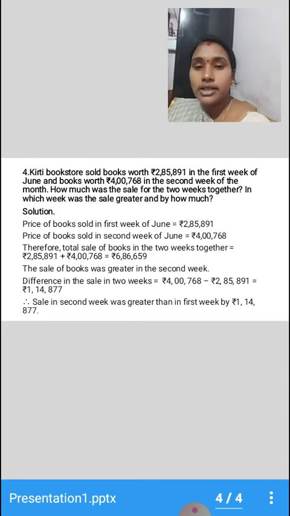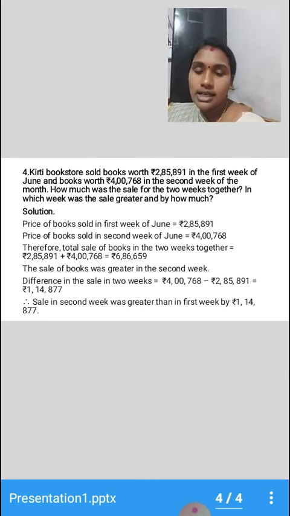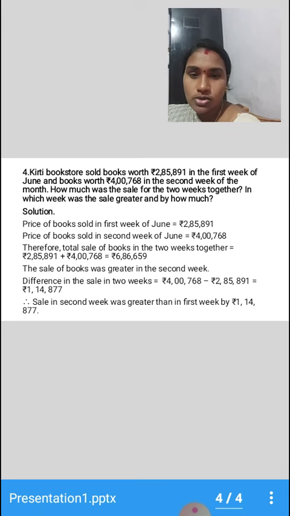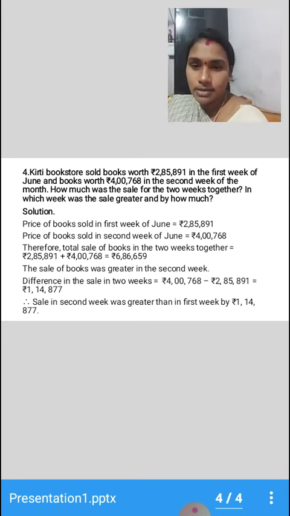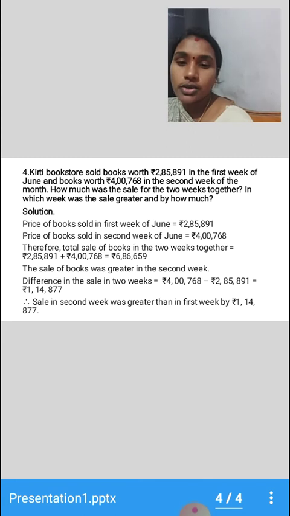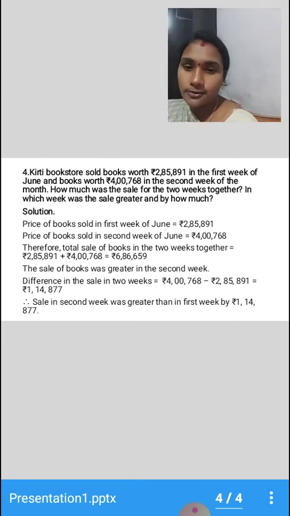So I have already said that when you hear the word sum or together or add, you have to add it, right? So now they are asking how much sale happened in 2 weeks together. So you have to add both the weeks' amounts. So before that we have to write the statements. First, price of books sold in the first week of June is 2,85,891.